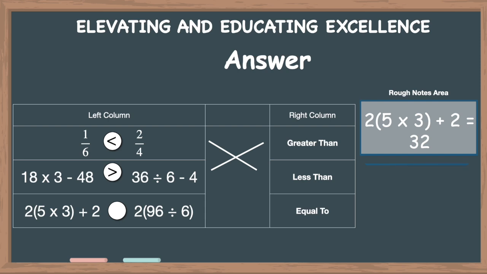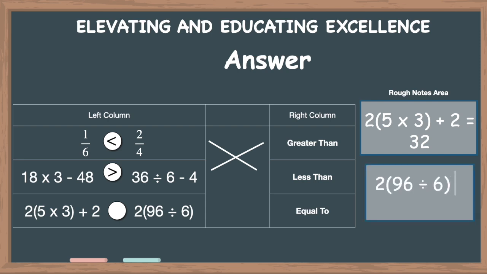In that rough box, we're going to do the other question: 2, open bracket, 96 divided by 6, close bracket, which equals 32. As you can see, both the numbers are equal, so we're going to draw that equal sign and then draw a line going towards equal to. So the answer is equal to.